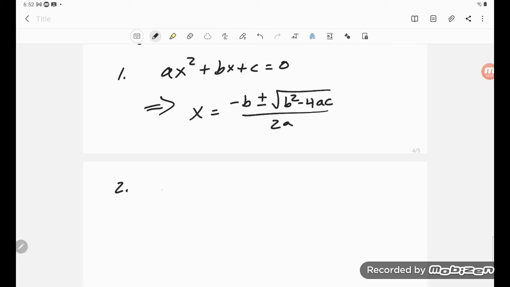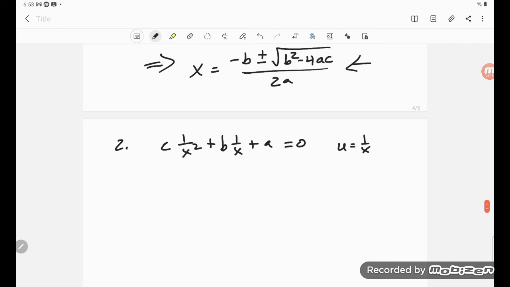And then I could write this, c times 1 over x squared plus b times 1 over x plus a equals 0. Now you can go through the mathematics of just using the quadratic formula here, saying something like, well, let u equal 1 over x, and you redo this quadratic formula, swapping out the a and the c. Okay, because that's all that we've done, is if I let u equal 1 over x. Well, then you see that would say that 1 over x is equal to minus b.